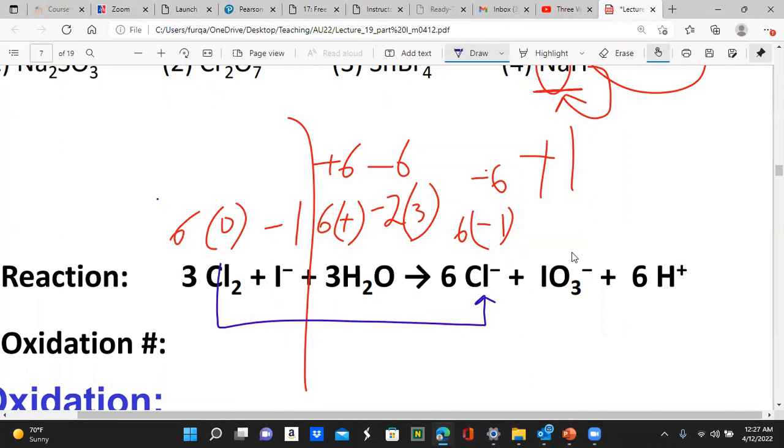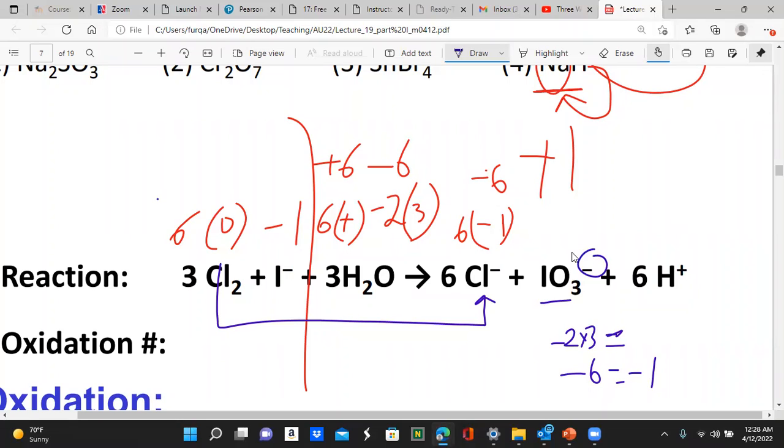Now we're going to be looking at the iodine in this compound. Each oxygen is 2 minus, -2 oxidation state, so it's going to be times 3, which is -6, and the overall charge is -1, right?